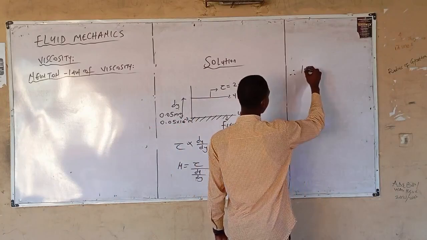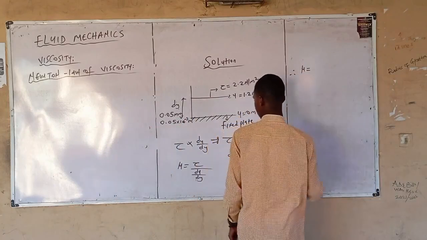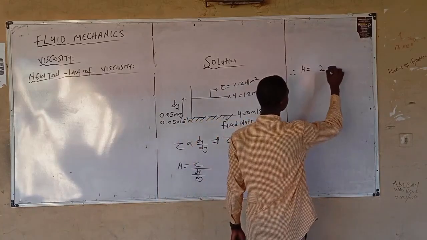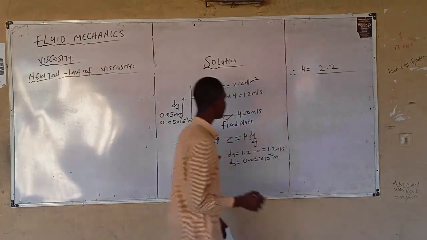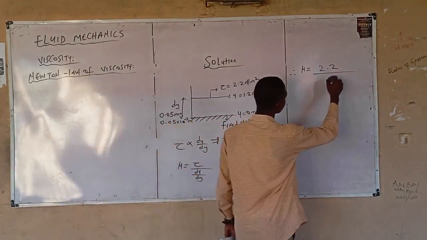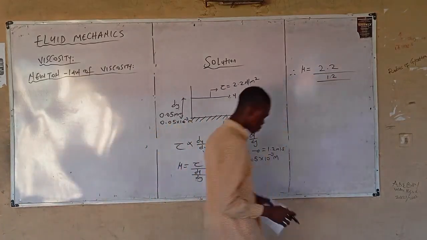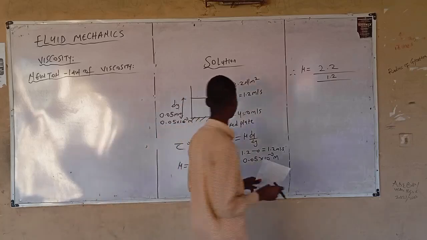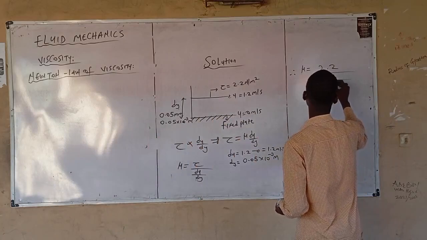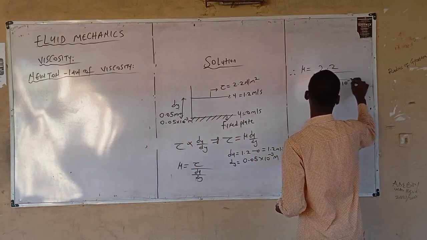So therefore, dynamic viscosity is equal to your shear stress, which is 2.2 divided by, what is du over dy? Your du is 1.2. What's your dy? 0.05 times 10 raised to the power minus 3.